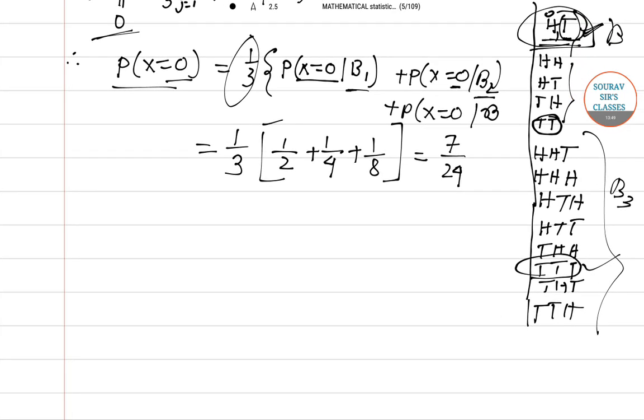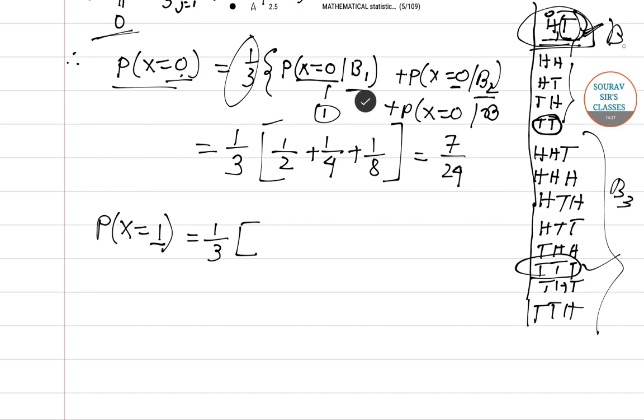Now similarly, if we take when x equals 1, that is the number of heads, there is at least 1 head. So this was the case when there is no head; when x equals 1, because x is the number of heads shown, that is how many times the head is shown. So instead of x equals 0, we'll put here x equals 1.